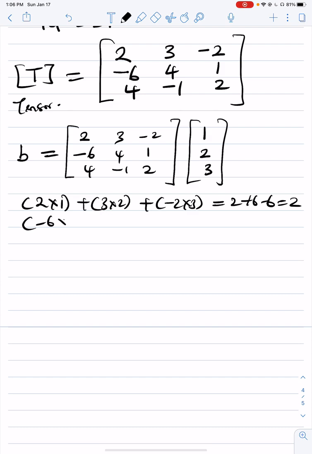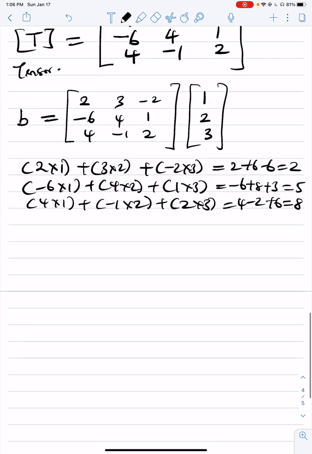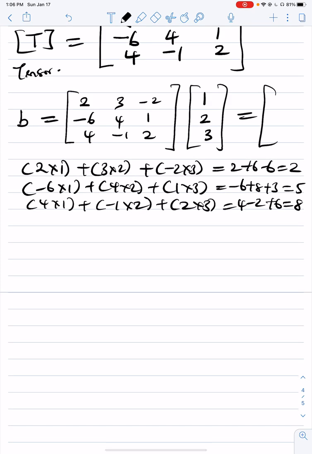The next one should be minus 6 times 1 plus 4 times 2 plus 1 times 3, equals minus 6 plus 8 plus 3 to give you 5. Then 4 times 1 plus minus 1 times 2 plus 2 times 3 gives 4 minus 2 plus 6, which is 8. You can use either hand or your calculator. Your calculator makes it faster and you are sure of not making computation mistakes. So basically that's what B is. I hope this makes sense.